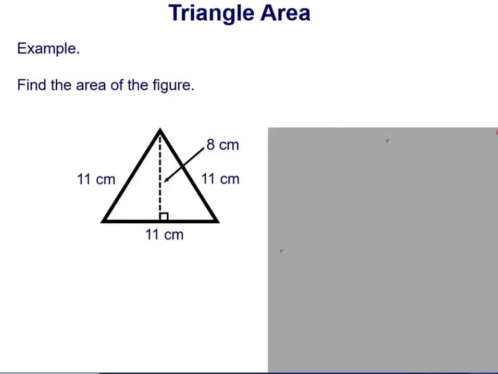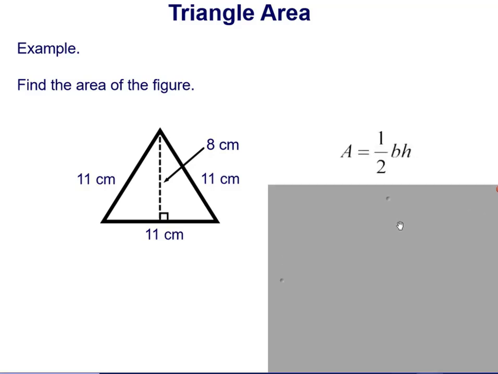Example, find the area of the figure. First, we have a triangle, so we know we are going to use our triangle area formula. Area equals 1/2 times the base times the height. We're going to say that the 11 centimeters is the base because here's the height that I have drawn. And there's a 90-degree angle between the height and the base.